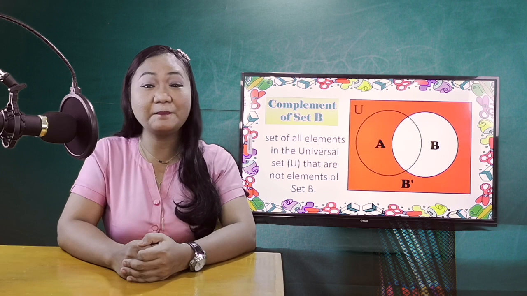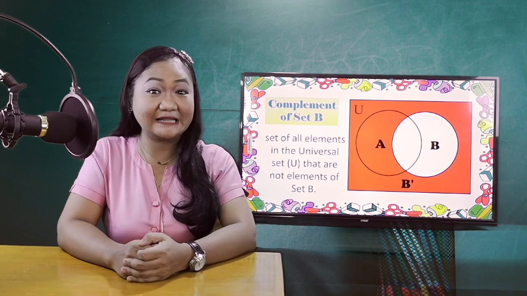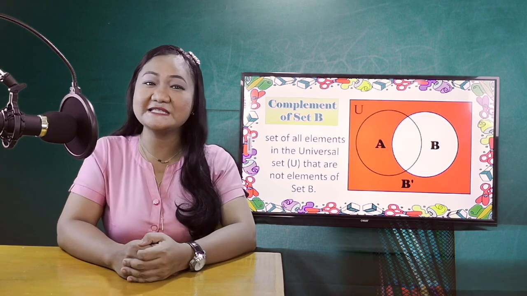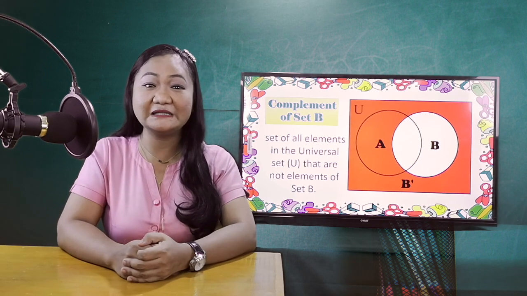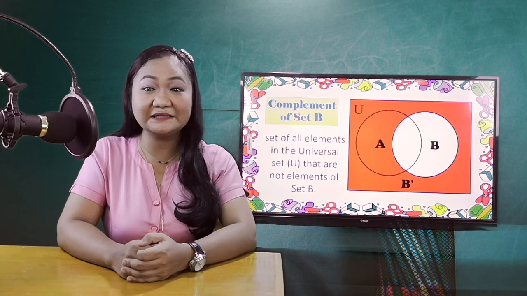In this set operation, all the parts are shaded except set B. This means the complement of set B is the set of all elements in the universal set U that are not elements in set B.